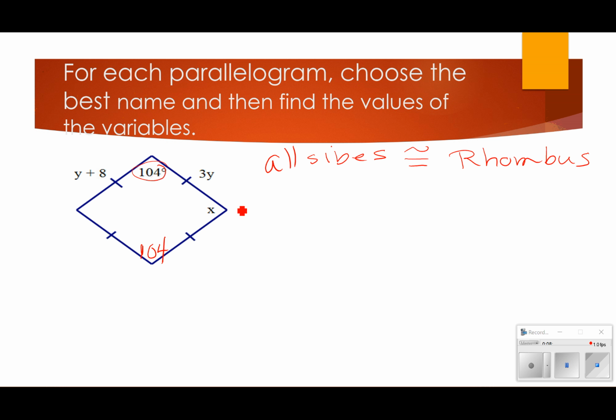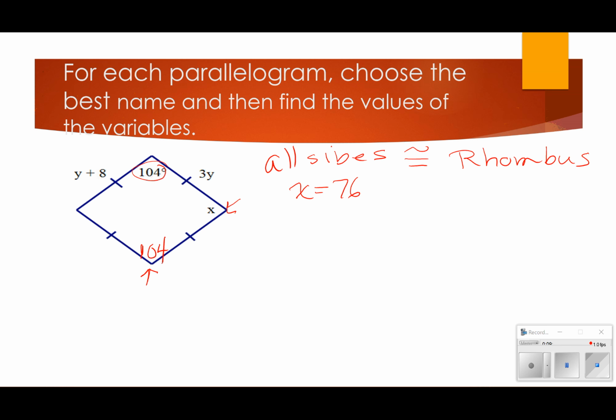Since this angle and this are supplementary, we know that this angle will be 76. I'm going to double check my math because you guys bust on me when I make mistakes. So this angle x is going to be 76. So definitely not a square or a rectangle because I don't have right angles.